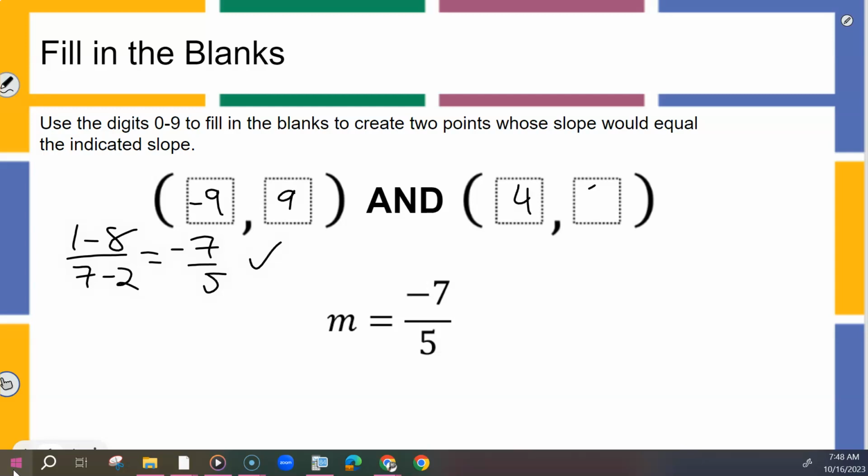And then Iona gave me this one, which would have been -2 minus 9 over 4 minus -9. I think we switched those somewhere. I think what we had originally was this.